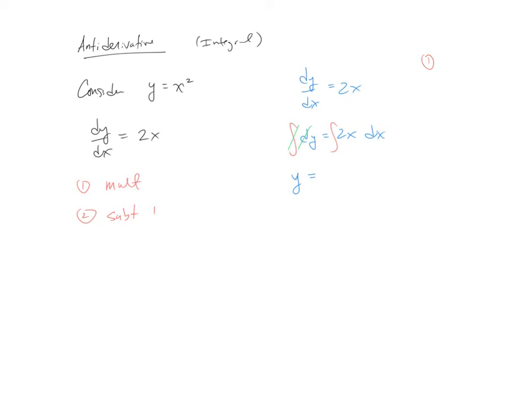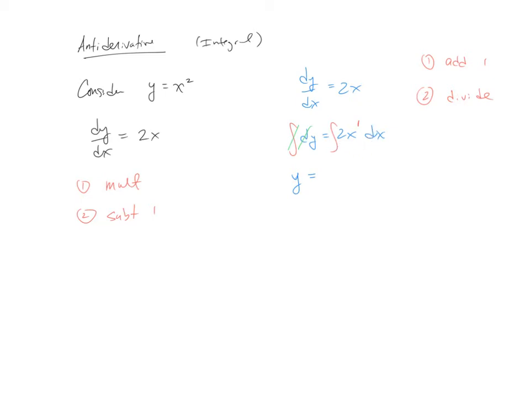The first thing we're going to do is add 1 to the exponent, and the second step is to divide. So our current exponent here is a 1. I'm going to add 1 to it, so 1 plus 1 is 2, and I'm going to divide by 2.